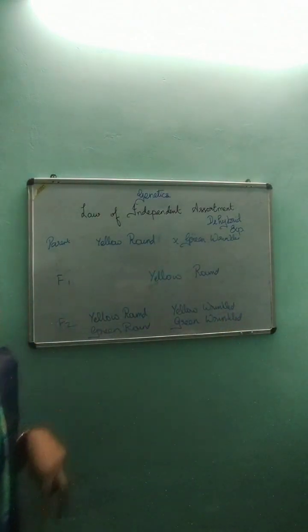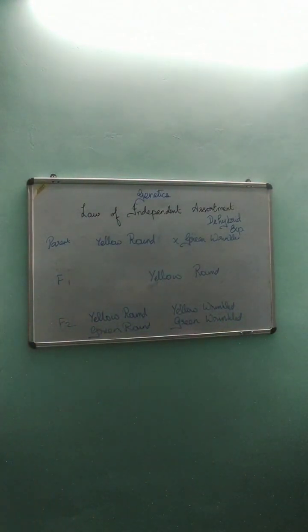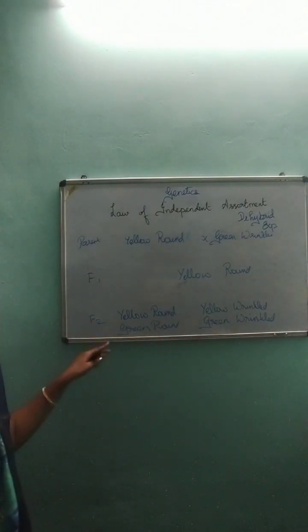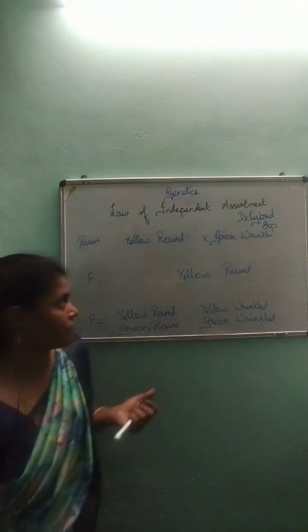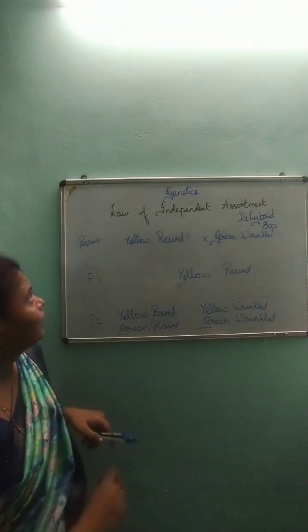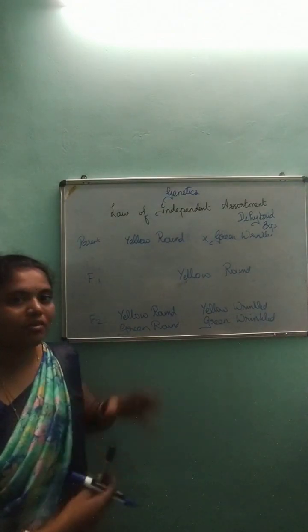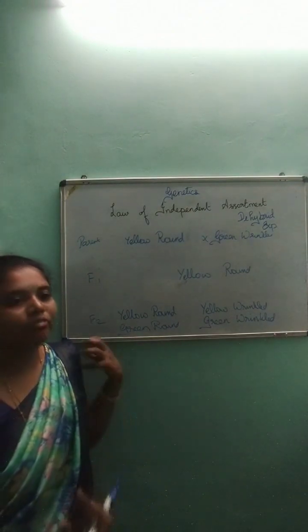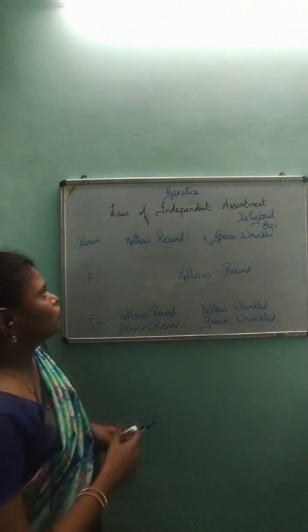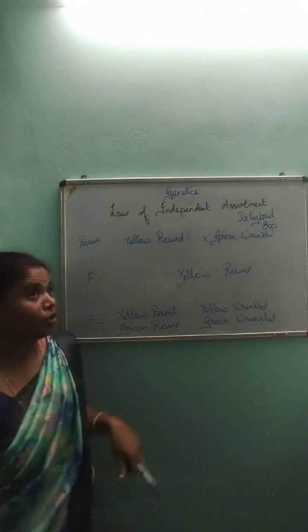In the F1 generation all the plants were yellow round, whereas in the F2 generation we get four different types. How? During gamete formation, as the law of independent assortment says, the genes for different traits assort independently. Now let us see how the genes have assorted, using genotypes.